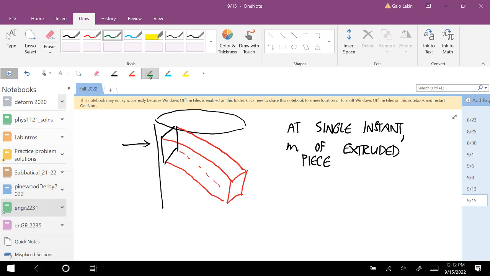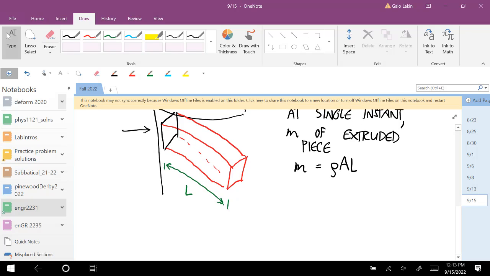If we think of, so A is the cross-sectional area, that would be the area of this window. We'll call this length L. Then the mass is going to be the density times the volume, which is the density times the area times L, right?